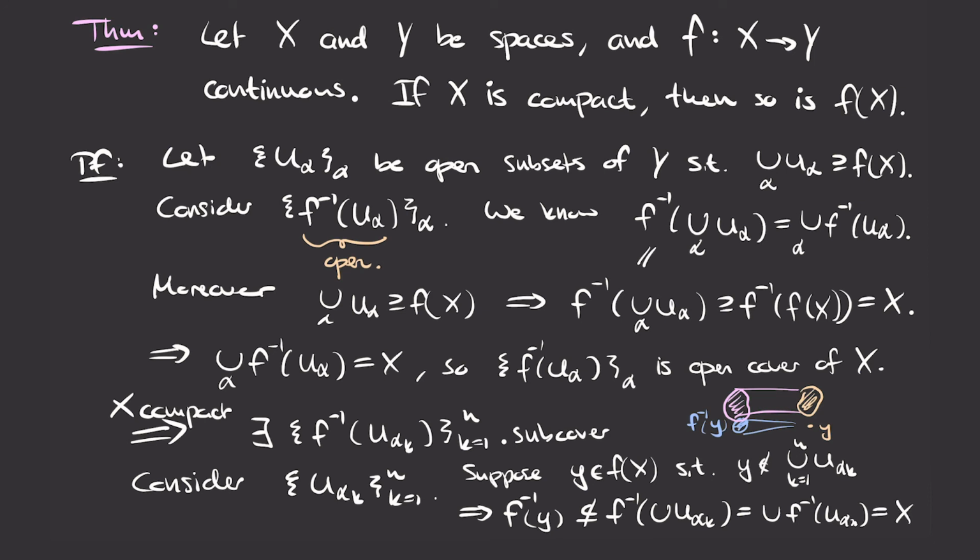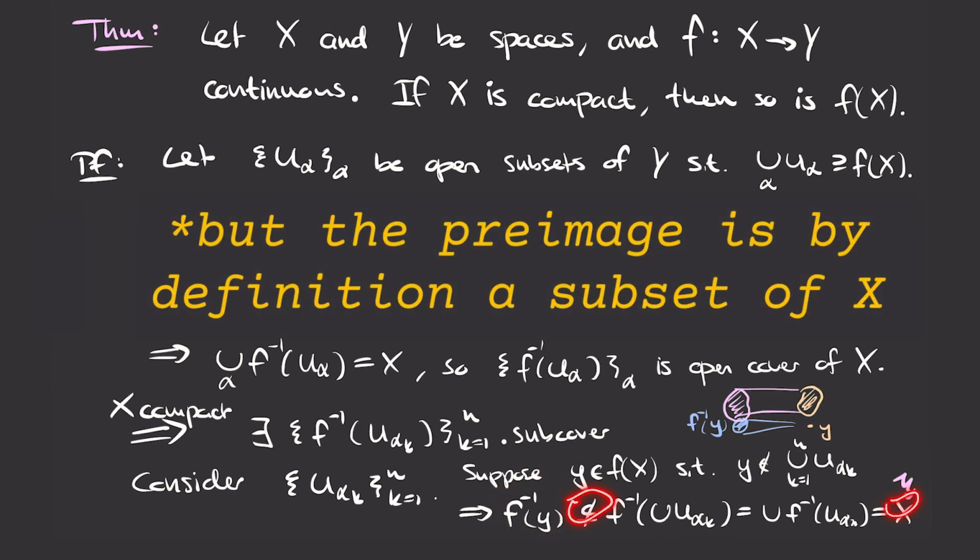And here's where we obtain a contradiction, because we were assuming that there's some point y in the image which is not contained in the union of these U alpha k, and this implies then that the preimage of y is not contained in x.